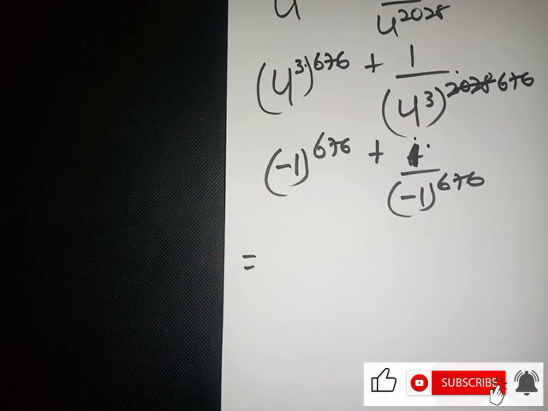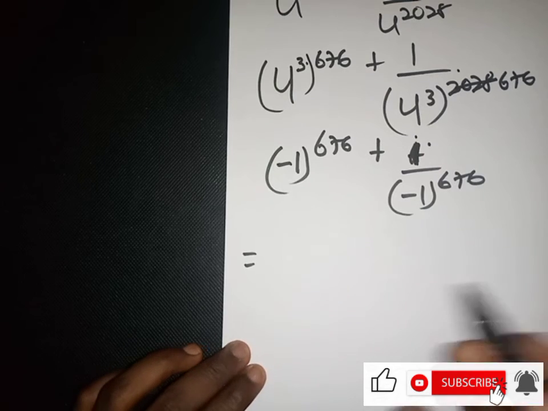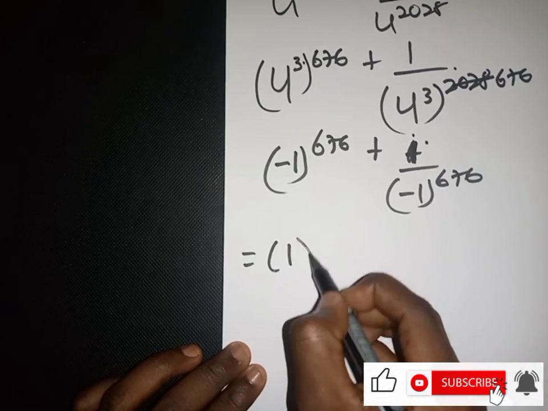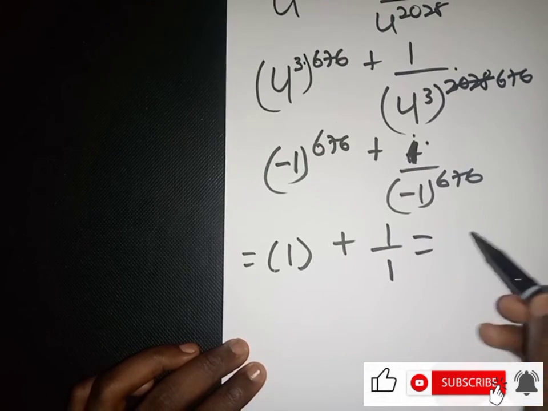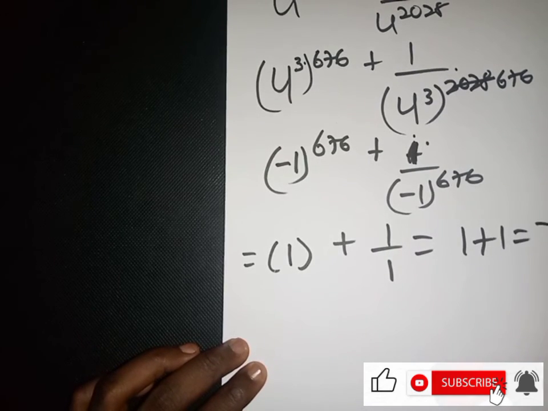676 is an even number, and any number raised to an even number, whether positive or negative the base is, we are just going to get a positive value, right? So in this case, we have the whole of that being positive, and then 1 over 1 here. So we just have 1 plus 1, which is just equal to 2.